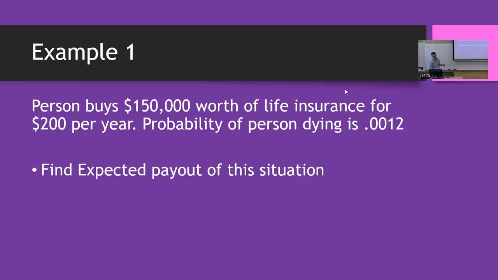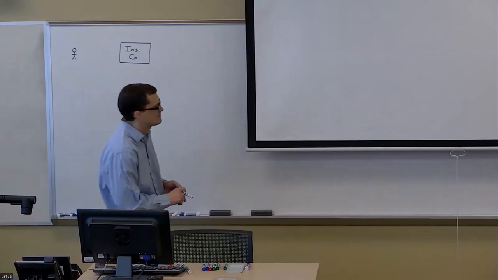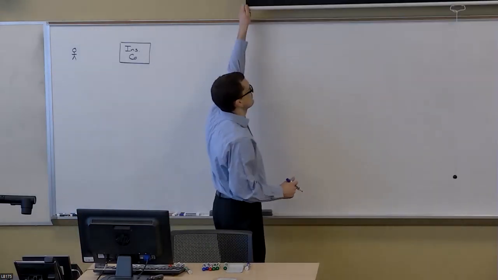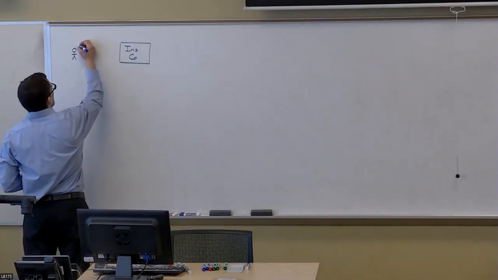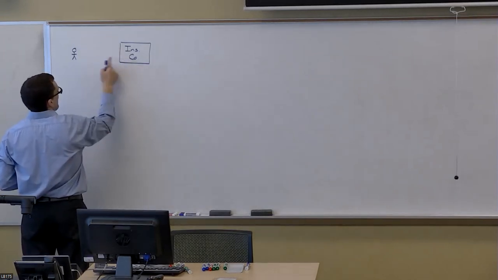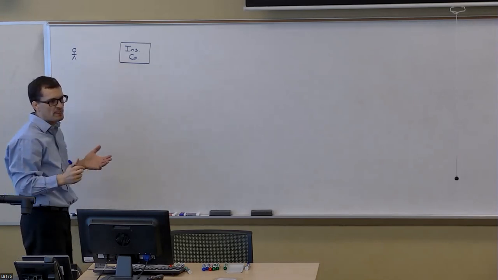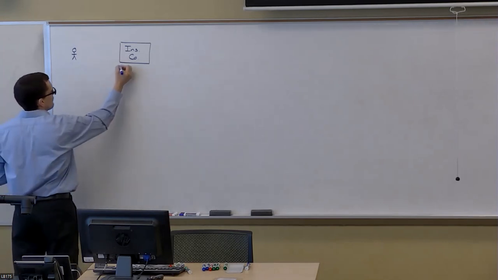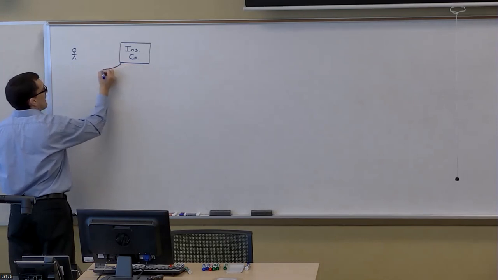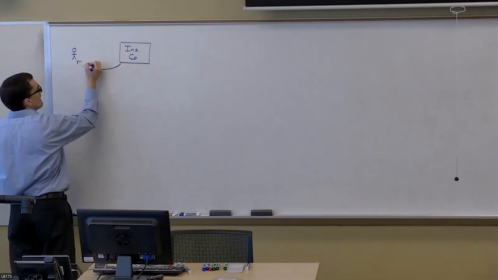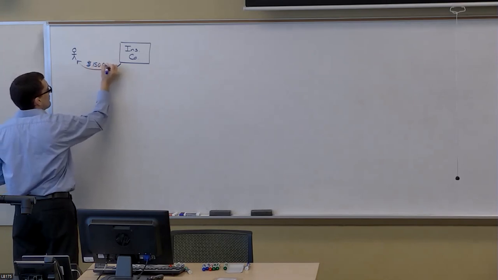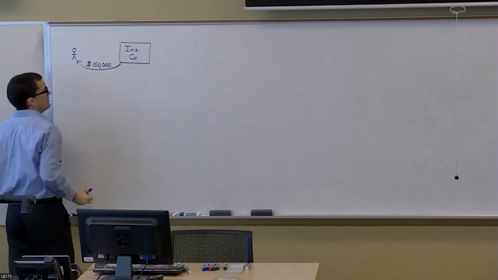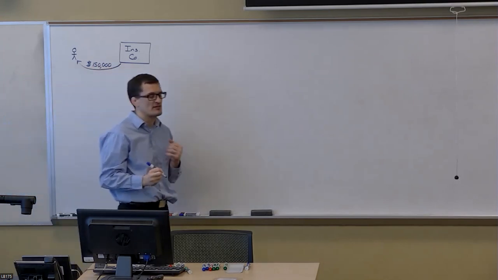Does everybody get what's going on? Let me kind of draw. So this person is buying life insurance from the company. Now here's how this life insurance works. There's two options. If the person dies, that person's family, I should say, is going to get $150,000.